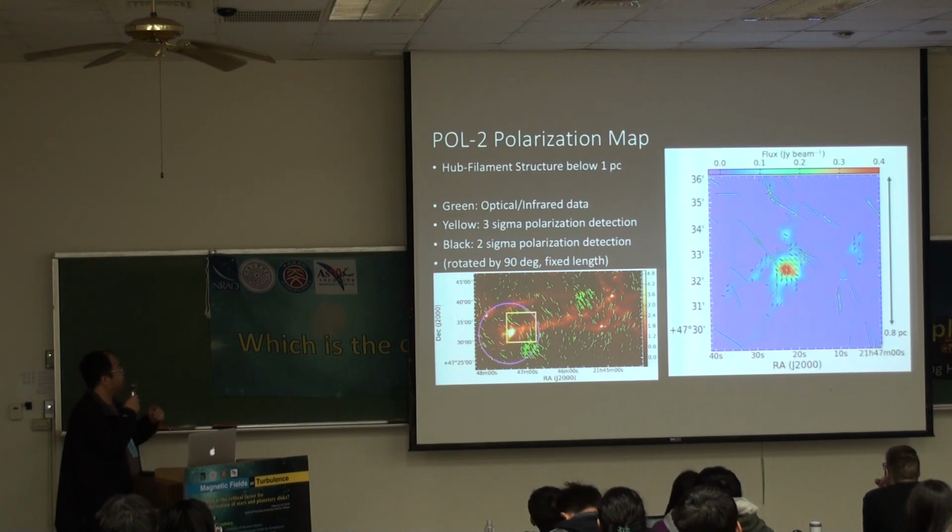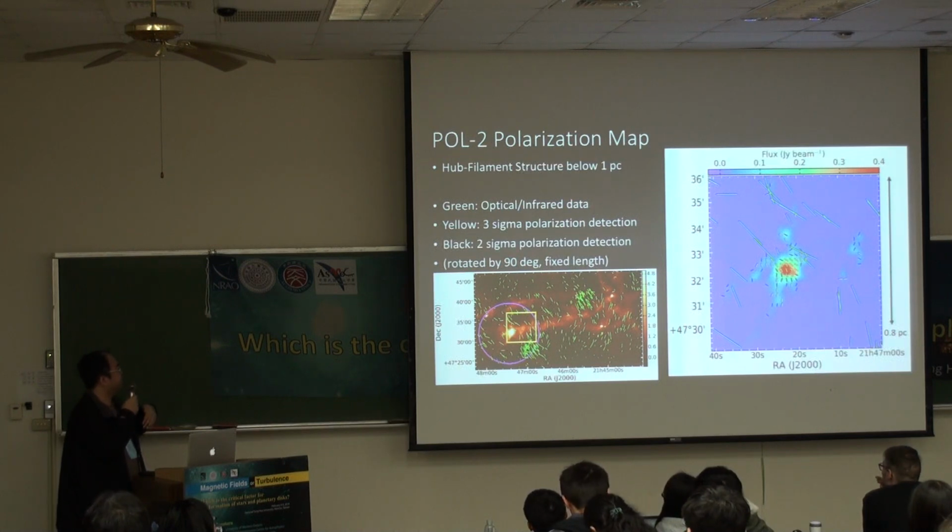We think there is a small-scale filament extending from the northern to the southern part and likely connecting to the central hub. And the polarization map here looks roughly similar to the large scale, but you can see a big curve extending from the northern to southern, roughly along the filaments.